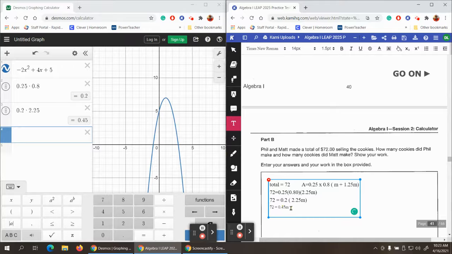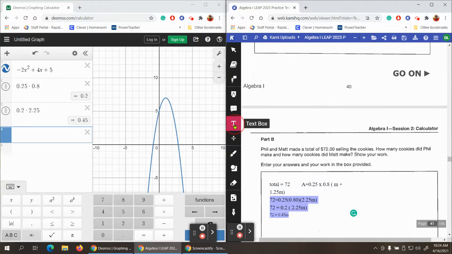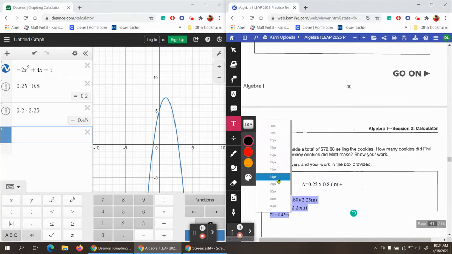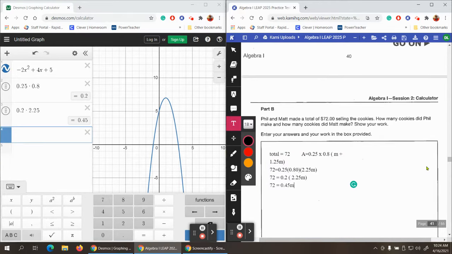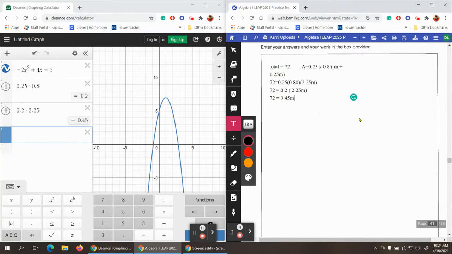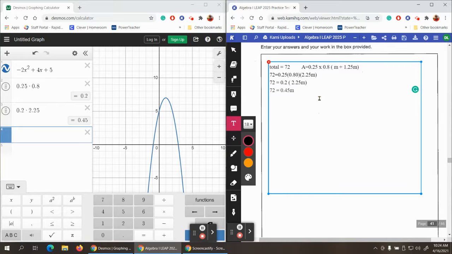Oh, it's shrinking. I don't like that it's shrinking. I don't want it to shrink sizes. Let me zoom that out there. There you go. All right. And so that would be, let me make sure this has plenty of room to operate. There you go.